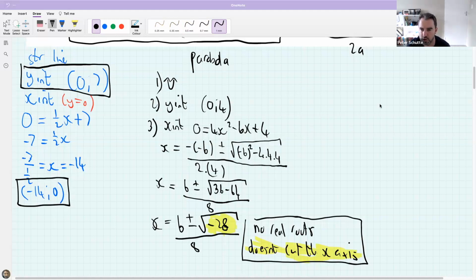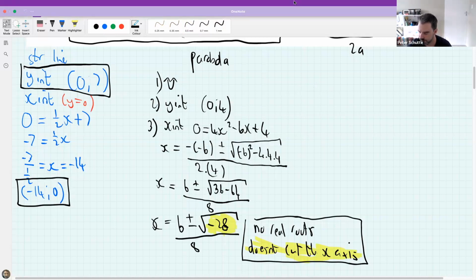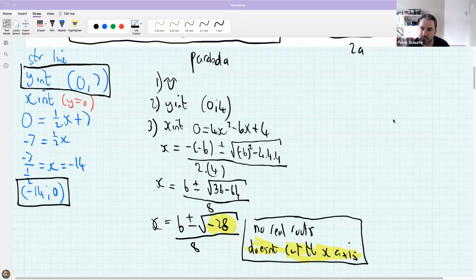Now, after you've looked for the x-intercepts, you have to look for one more thing or two more things. What are the last two things I need to find before I draw this graph? What do I still need before I draw this graph?